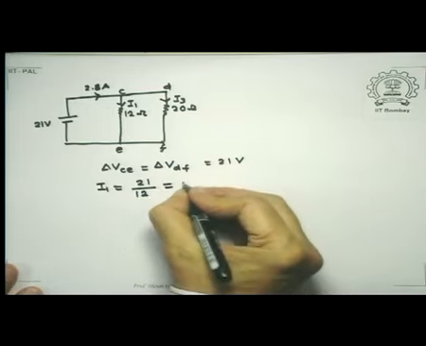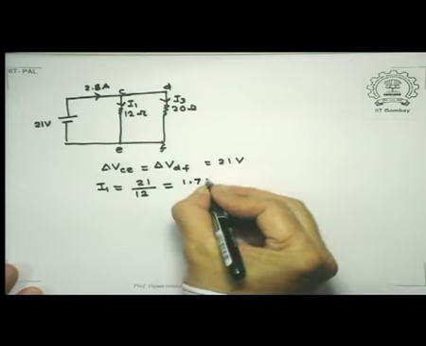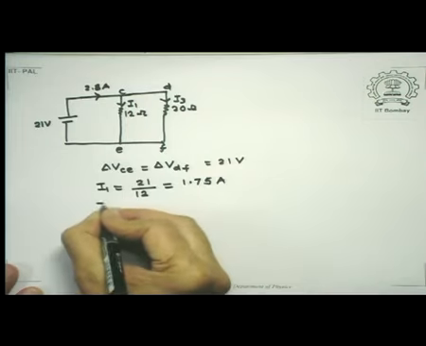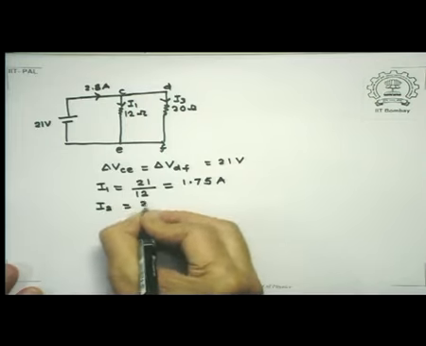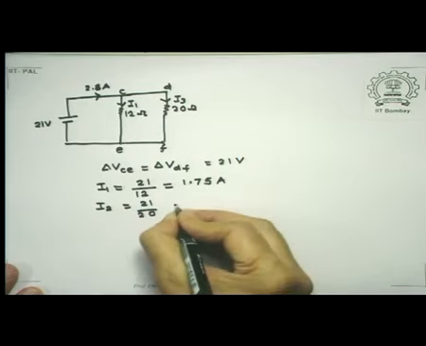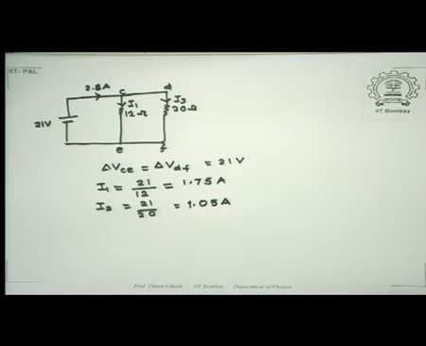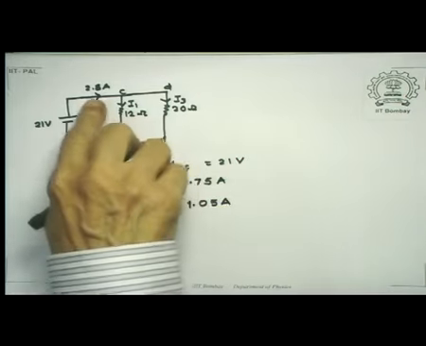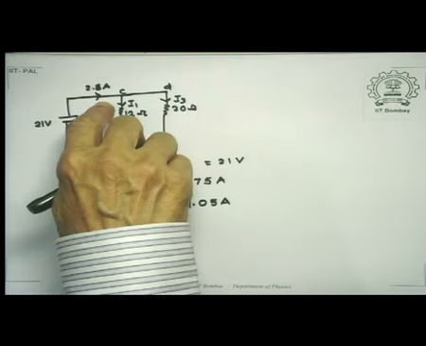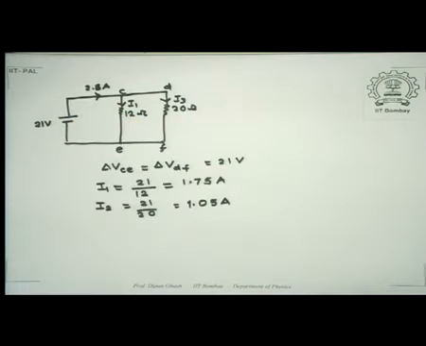So that's equal to 1.75 amperes. I2 is equal to 21 by 20, that's equal to 1.05 amperes, which of course agrees with our original current, which is 2.8 amperes.